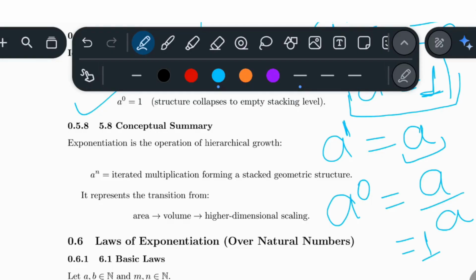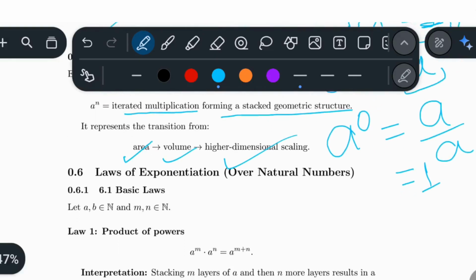Exponentiation is an operation of hierarchical growth. a to the power n is iterated multiplication forming a stacked geometric structure. It represents the transition from area to volume to higher-dimensional scaling.